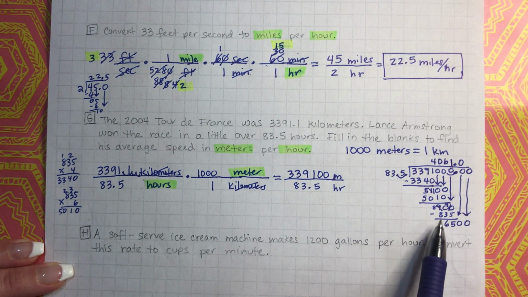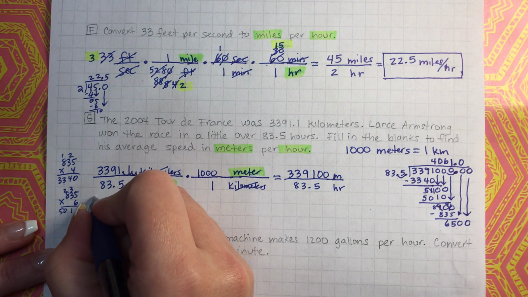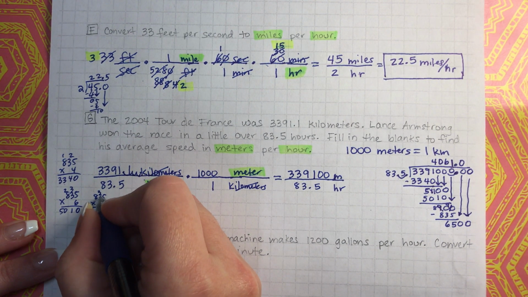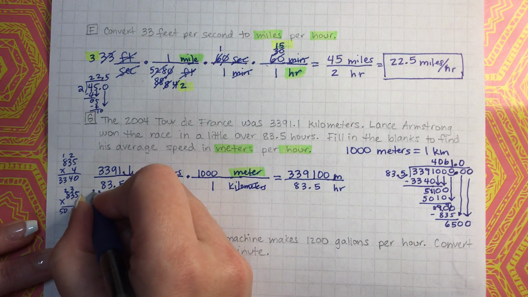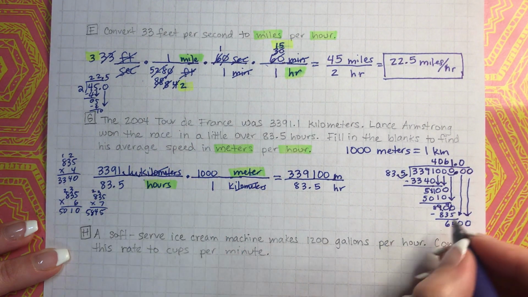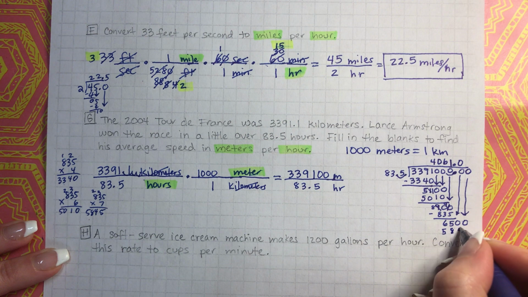I think it's going to go in 7 times. So let's figure out what 835 times 7 is. 5 times 7 is 35, 3 times 7 is 21, that would be 24. 56, 58. So 5,845.